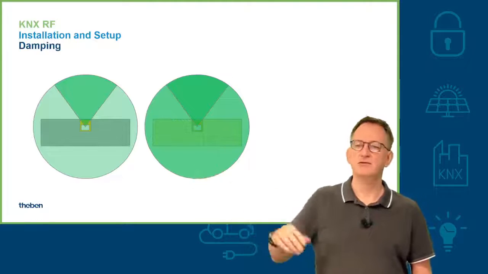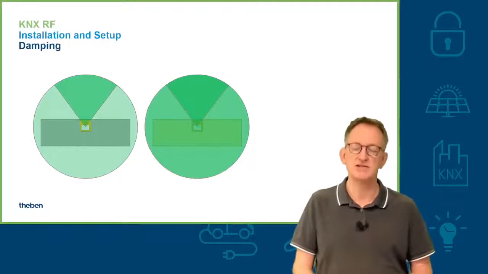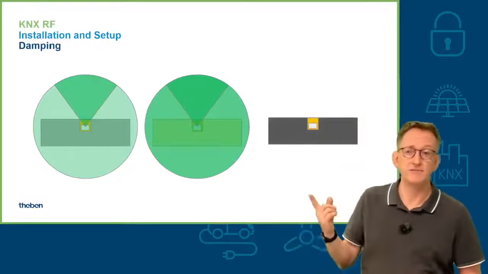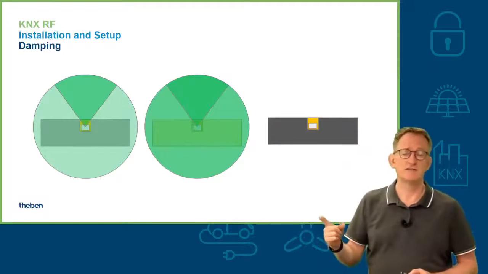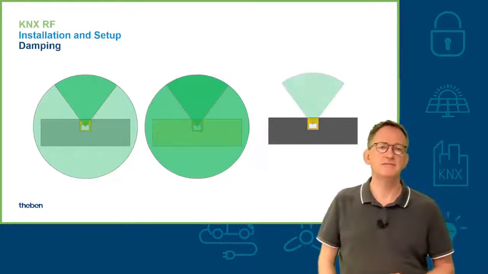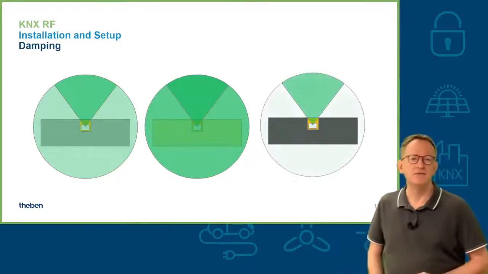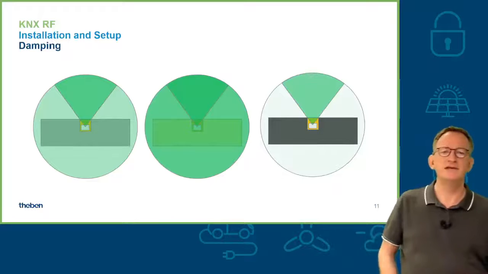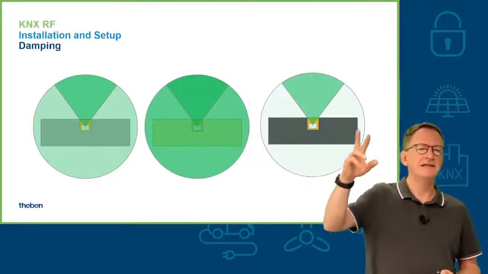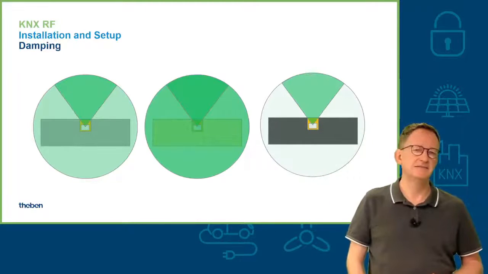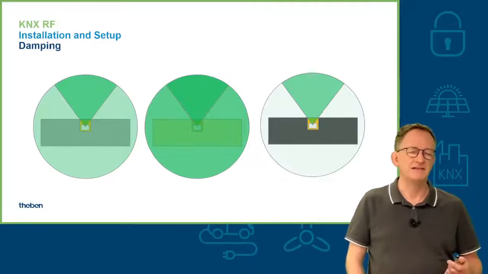So here we have much better conditions for RF communication. Or, sorry, the other one was stone. Now we have concrete, and concrete is very, very bad. So here you have almost no signal around it, or a very low signal.